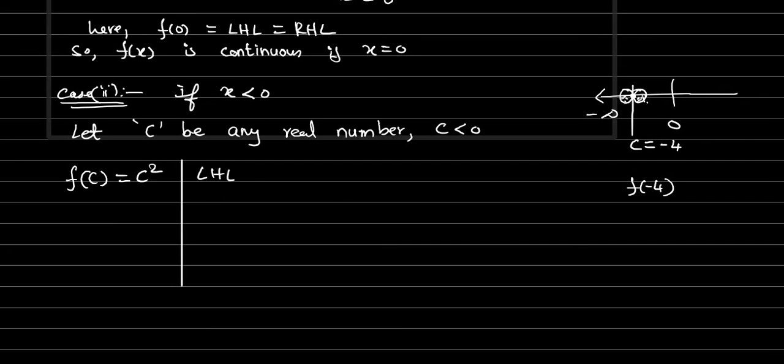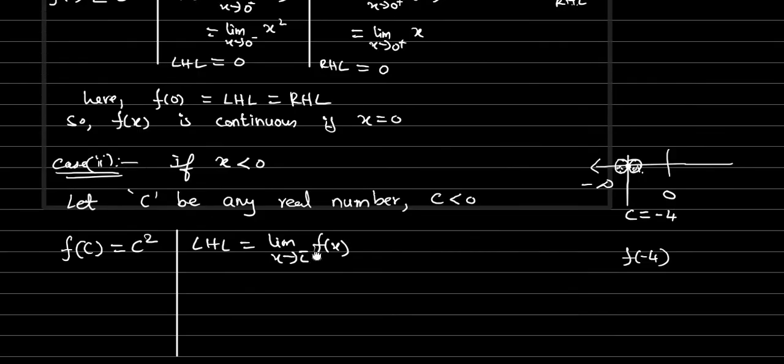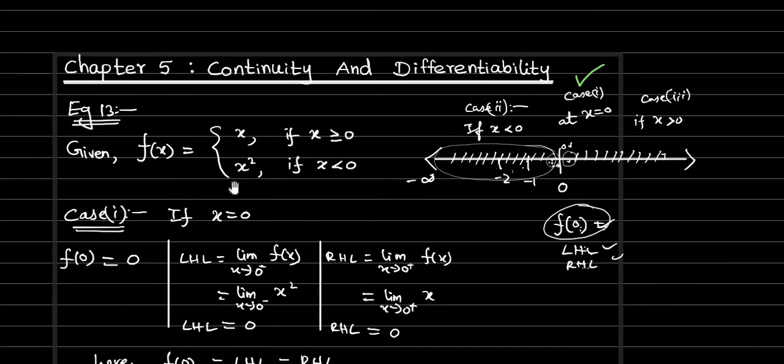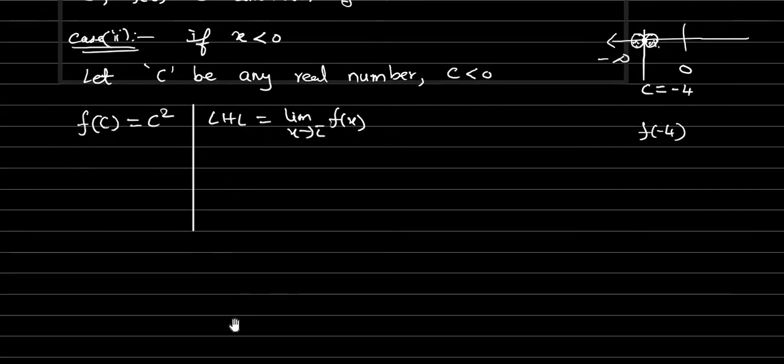Now the left-hand limit, x approaching c from the left side of f(x). Left side close values of c are less than 0 only, so we replace f(x) with x square. Now applying the limit, c square.